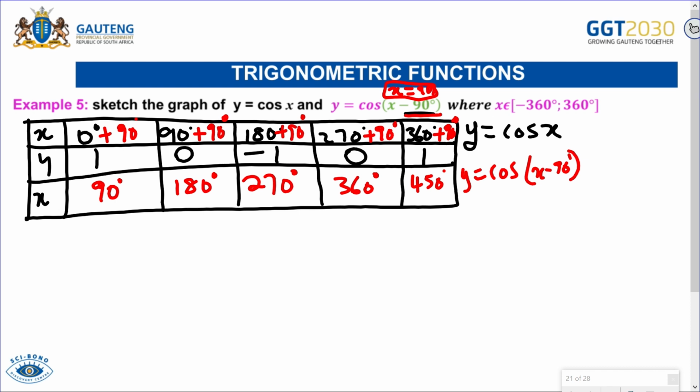Oh, I didn't see the domains. The domains that are restricted from negative 360 to 360 degrees. So it means we're supposed to start on the negative values of x. It's fine. I'll just include it from the graph.